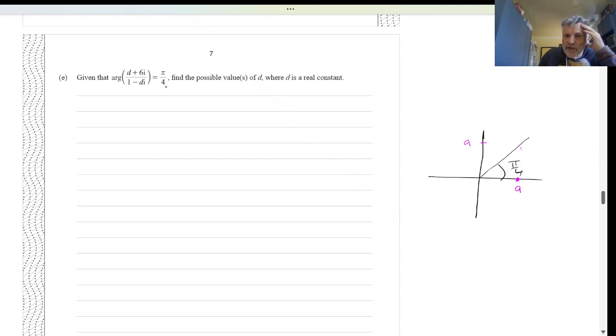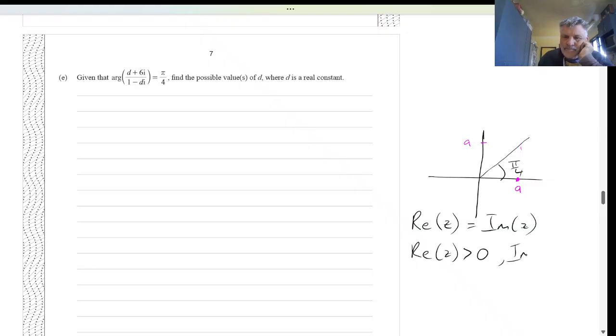So to solve this equation, if we called our complex number z, we want the real part to be equal to the imaginary part, and we want the real part to be bigger than 0, and the imaginary part to be bigger than 0. But if they're equal, they have to both be bigger than 0, if one of them is.